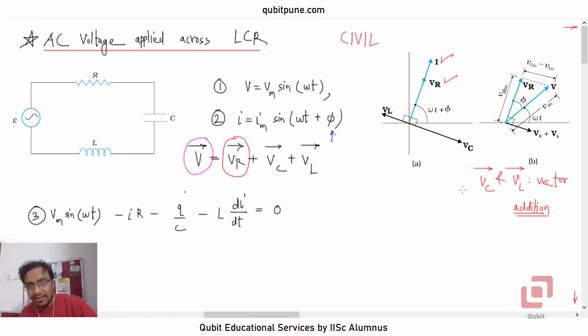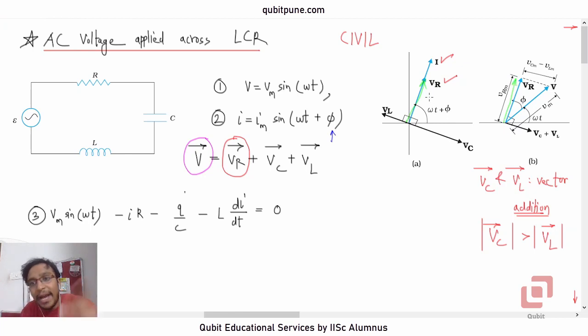Now this figure assumes that V bar C is greater in magnitude than V bar L, and that is why it is towards this side, VC plus VL. You can see the length of VC being decreased, and VR, the green phasor, is already here.